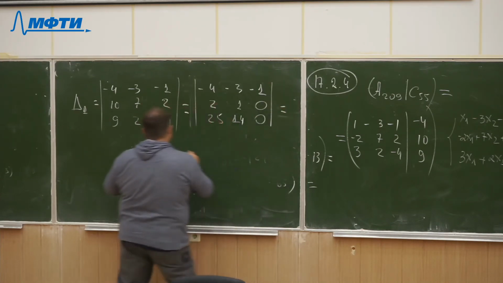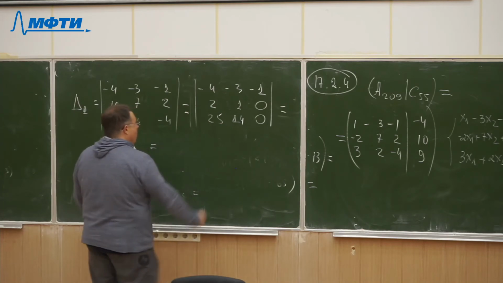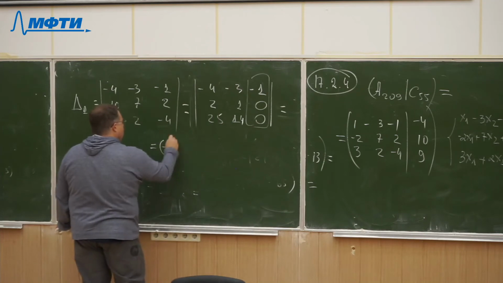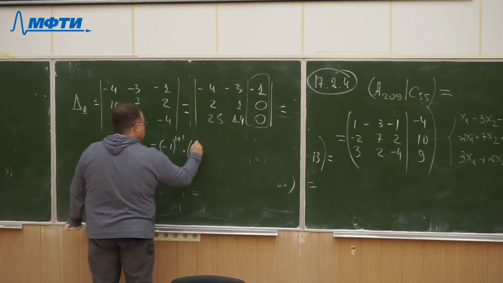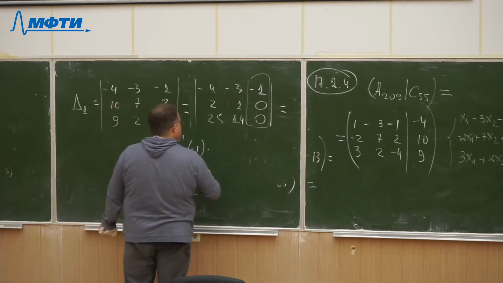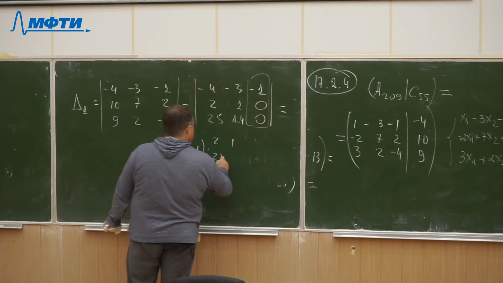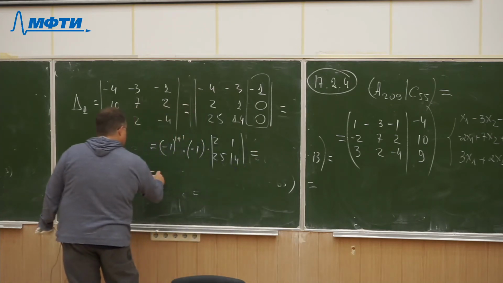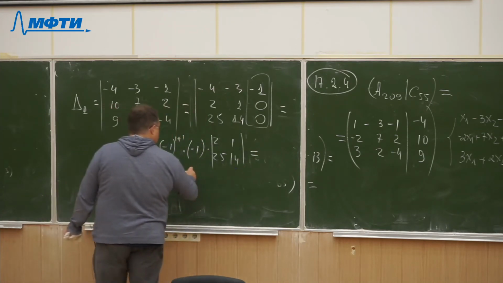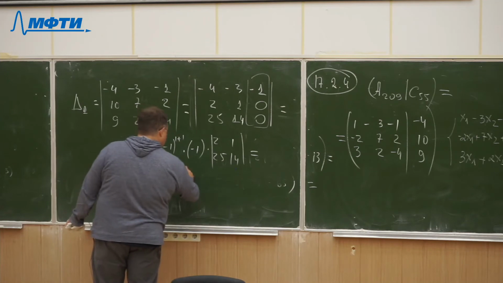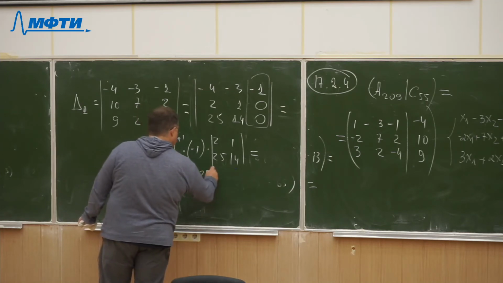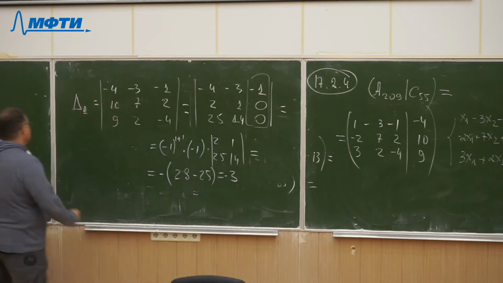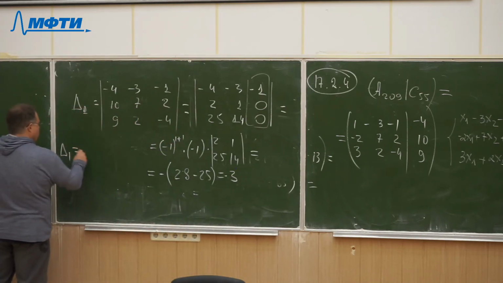Equals minus 1 to the power 1 plus 1 times minus 1 times the determinant 2, 1, 25, 14 equals minus 28 minus 25 equals minus 3. Delta sub 1 equals minus 3.